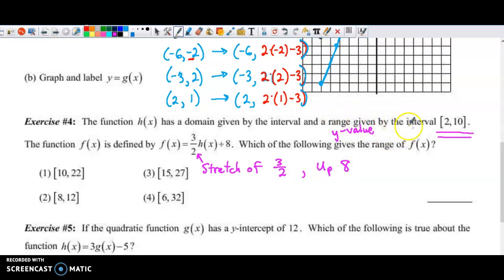So what you need to do is change each bound. And sometimes what I'll actually tell students to do is just replace the 2 in for h of x. And so when you're looking at that, 3 times 2 is 6, divided by 2 is 3, plus 8 is 11.